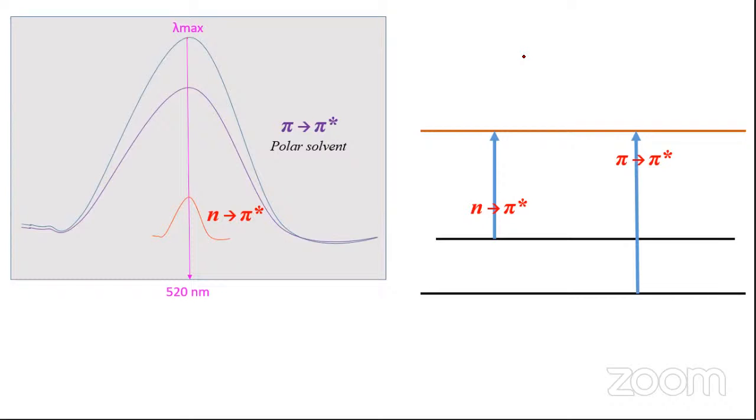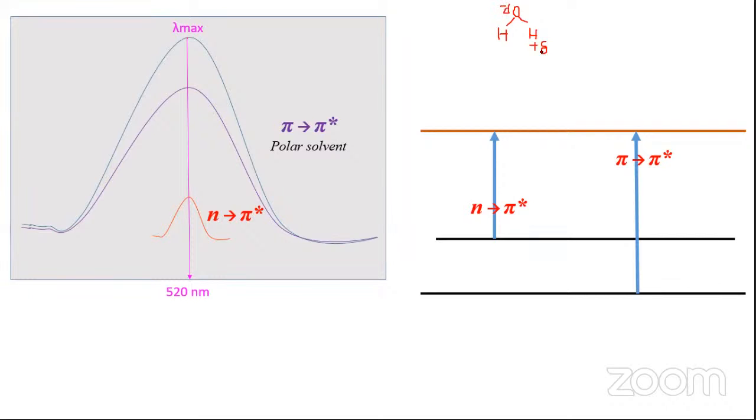Polar solvents are those in which the molecule has two poles in it. Like for example, if I consider water, water is drawn like this. And we know that in case of water, the hydrogen is delta positive. That means it's partially positively charged, while the oxygen is delta negative. That means partially negatively charged.